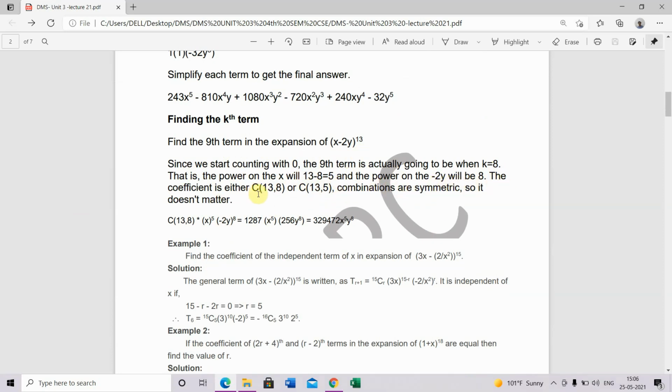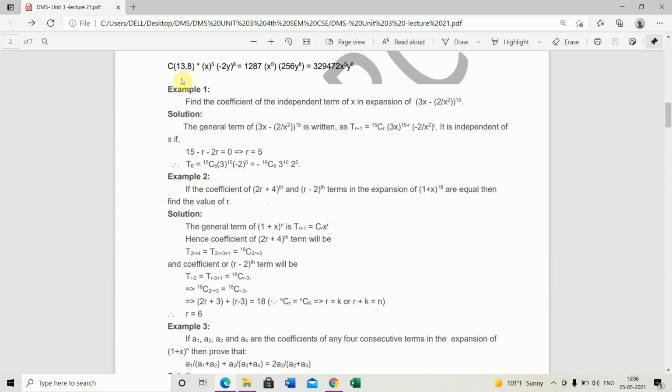The coefficient is either C13,8 or C13,5. Combinations are symmetric, so it does not matter. C13,8 multiply x power of 5 multiply (minus 2y) power of 8 equals 1287 x power of 5 256 y power of 8 equals 3,29,470 x power of 5 y power of 8.